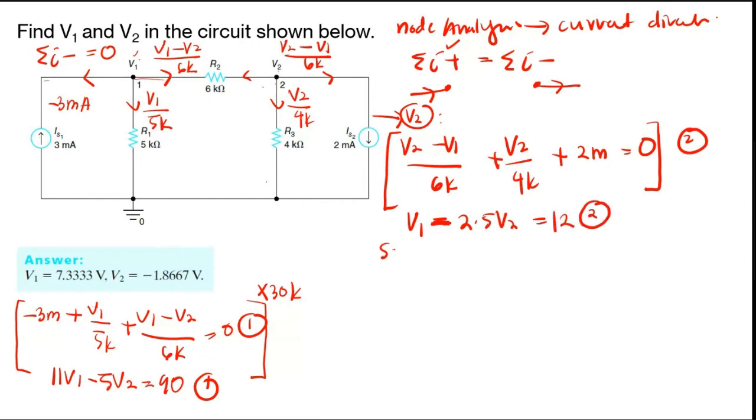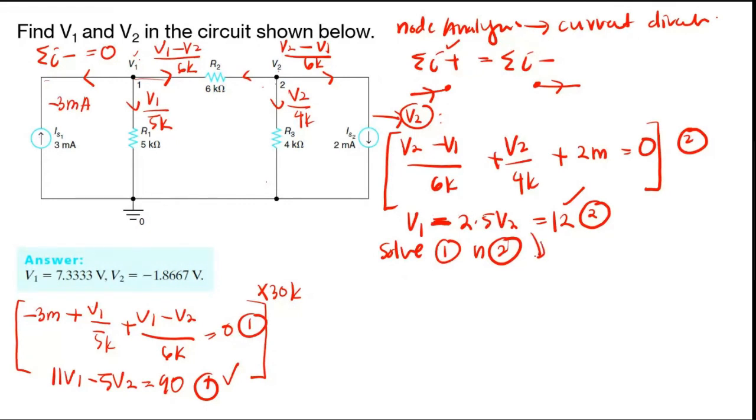So you need to solve the first and second equation, which is this equation with this equation, by using the elimination method or the substitution method. It's up to you. I think for this one you can just use the substitution method, right?